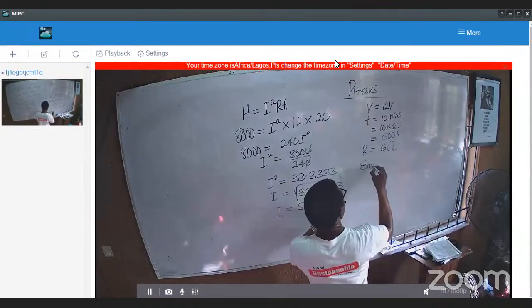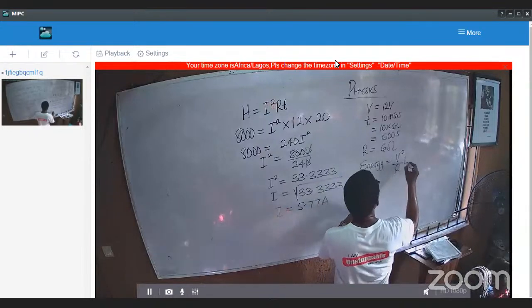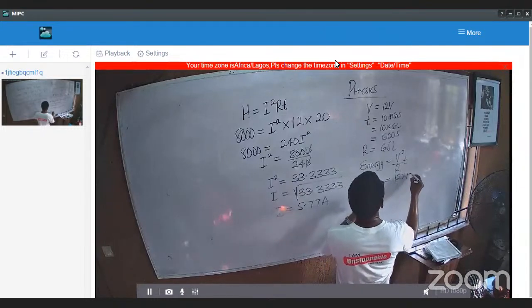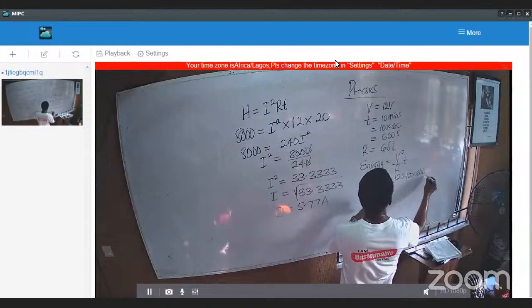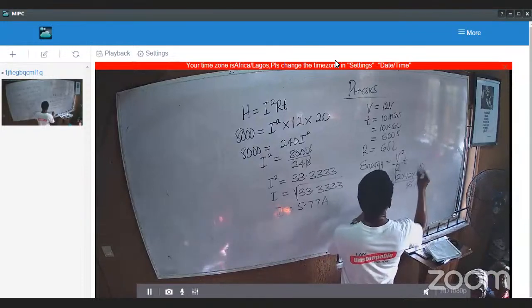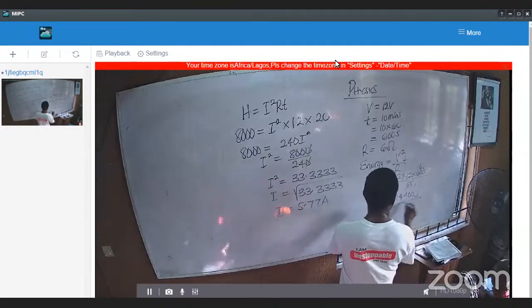So our heat energy is V squared over R times T. So please know the formula for energy. That will be 12 times 12 times 600, all over resistance, 6. That gives 14,400 joules.